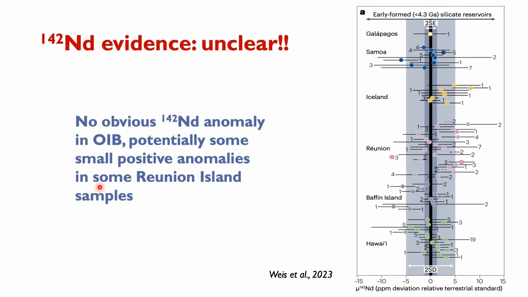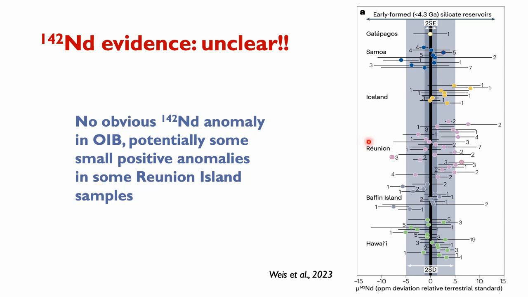The second isotopic system, which is the other anomaly I wanted to talk about, is 142, and I would say that up to the compilation that we made last year, there was no clear evidence.